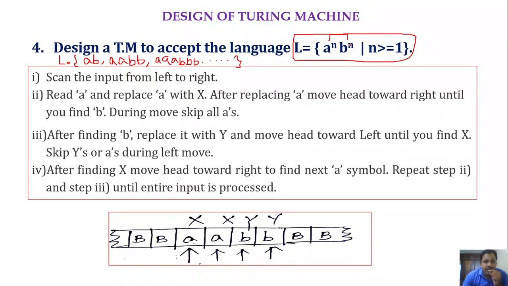Every string must start with some number of a's followed by the same number of b's. So when you design the Turing machine to accept such a language, it must accept all strings that start with a's and have the same number of a's and b's.